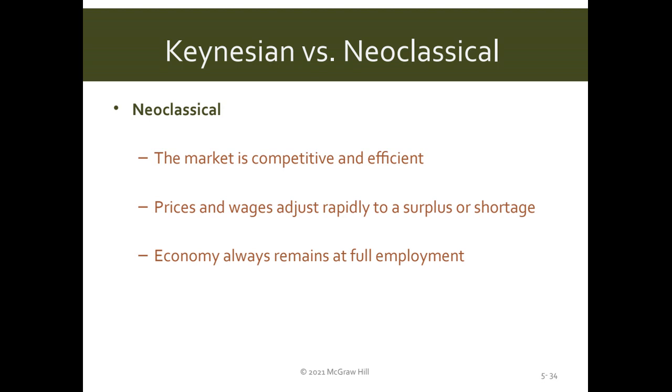What do we mean by this? For example, if there's huge unemployment in the country, wages will go down, because if you don't find any employment, you will be willing to work at a lower wage. Employers will be attracted to hire workers at a lower wage, and therefore they might hire you.